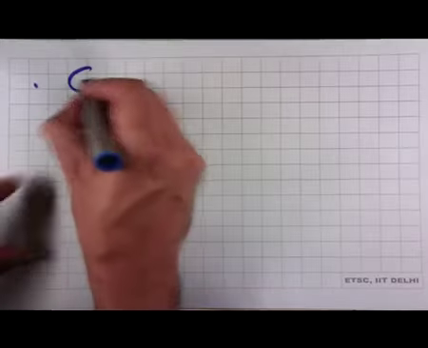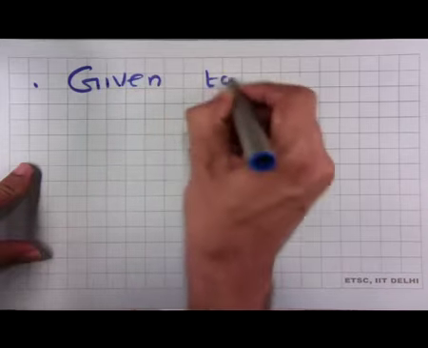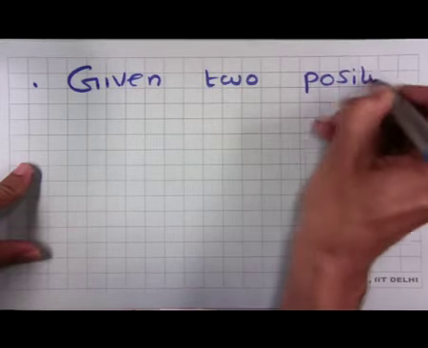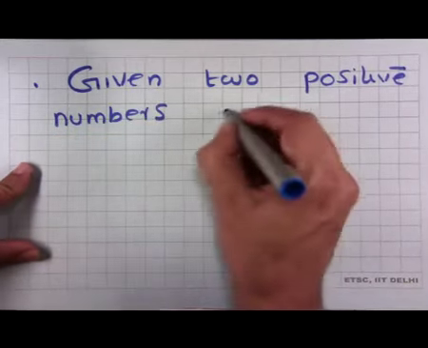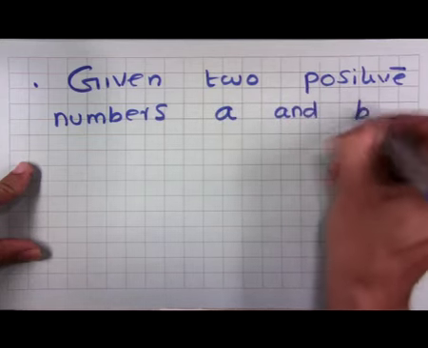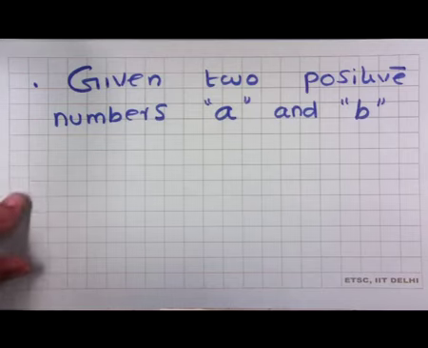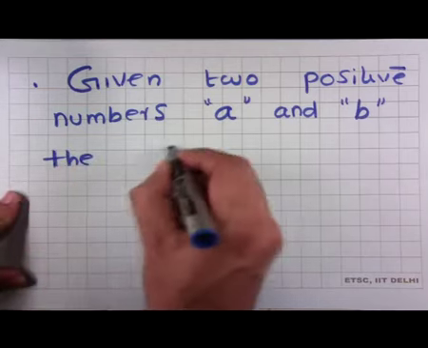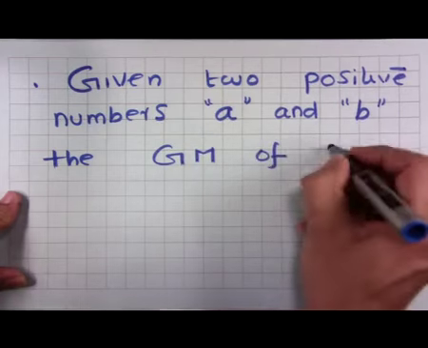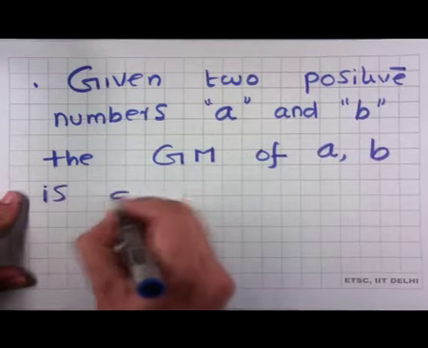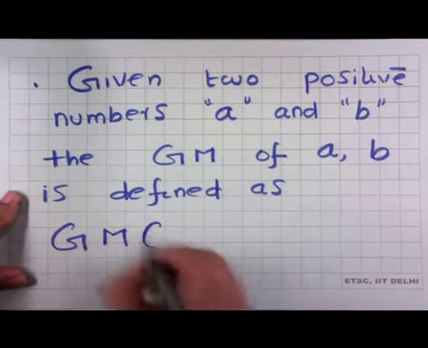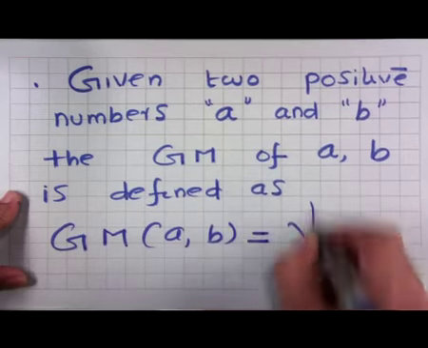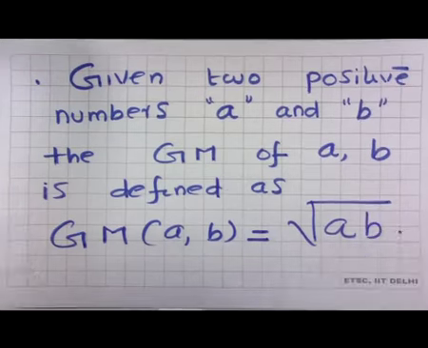Given two positive numbers A and B, the geometric mean of A comma B is defined as follows: positive square root of the product AB.